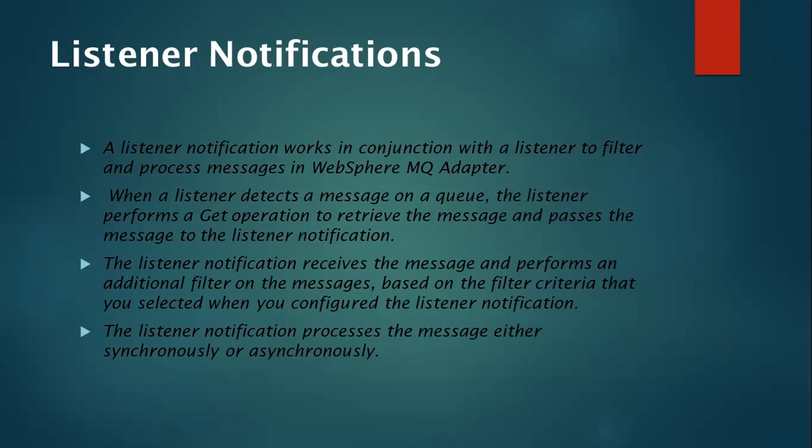At runtime, the listener notification invokes a specific adapter service and passes it the specified request document. The service returns the reply to the MQ adapter. The listener notification will wait for the service to finish processing, and wait for the response.